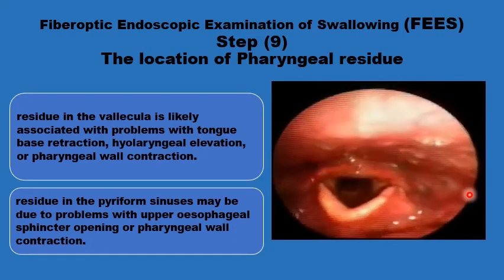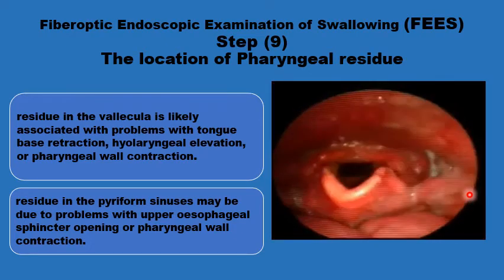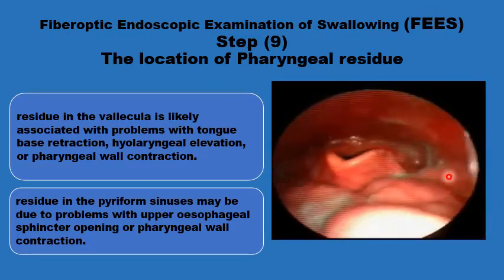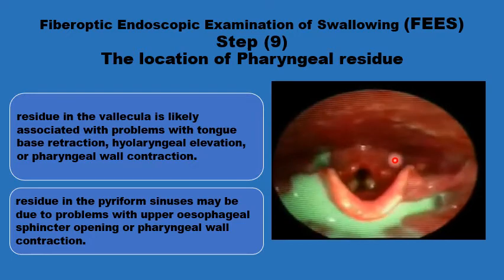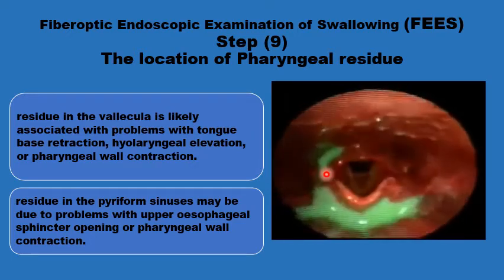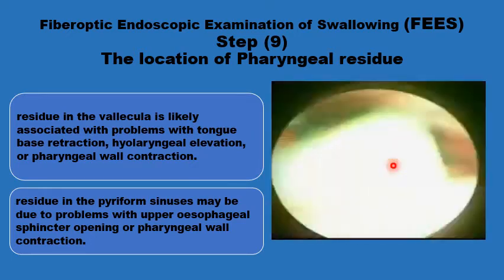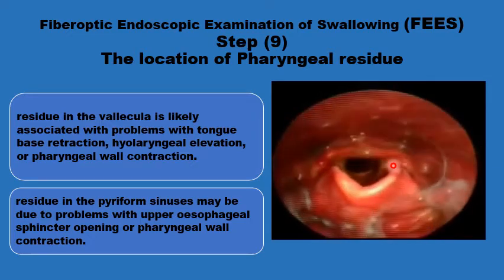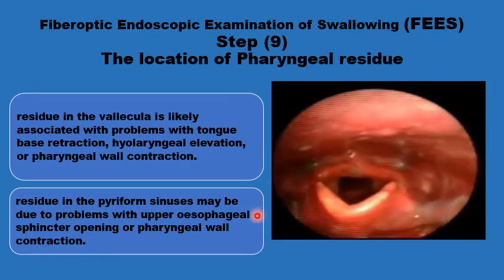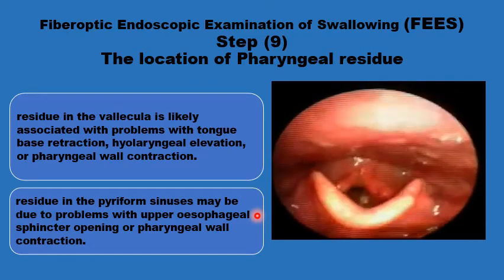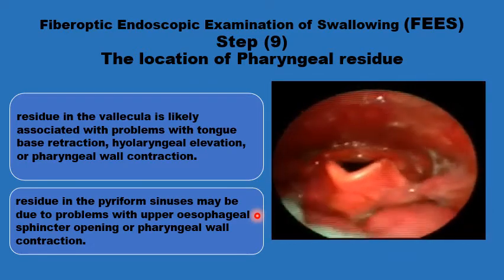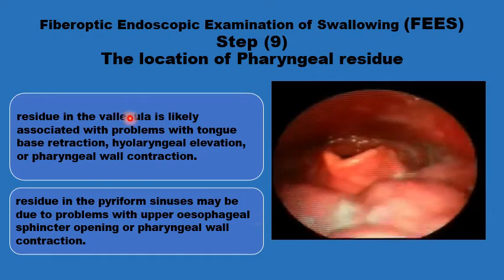Whereas if there is accumulation of the colored food or drink in the lower part of the pharynx, like in the piriform fossae, for example, like in here, this may point to a problem in the opening of the upper esophageal sphincter, like, for example, cricopharyngeal dysmotility, or weakness of the contraction of the pharyngeal muscles.